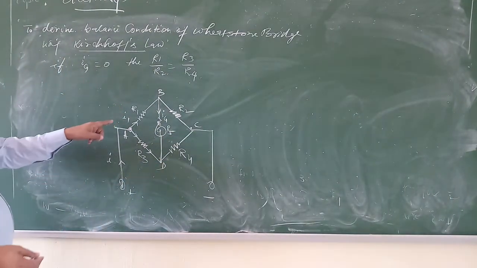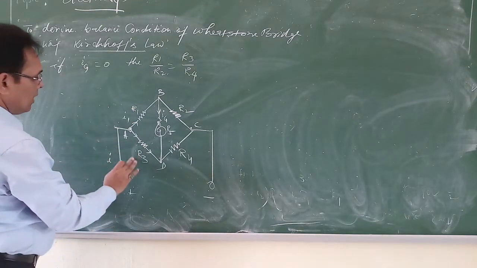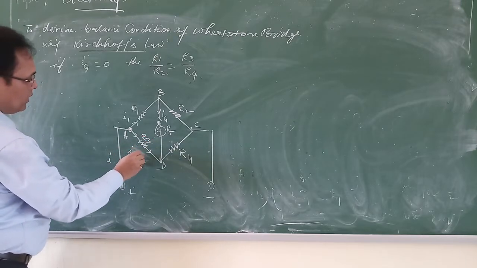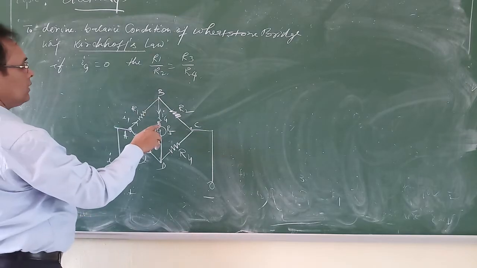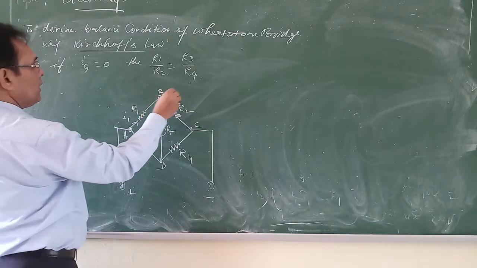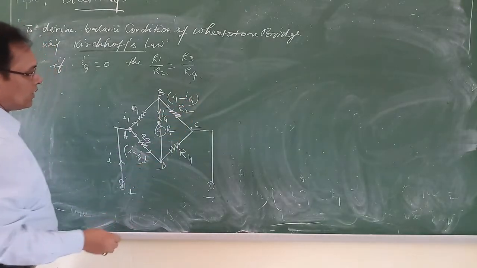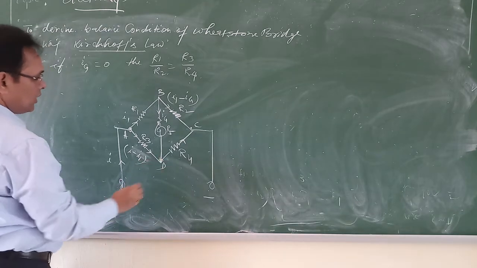Mark the current. I1 current passing across R1, so the remaining current, this is R3, so the remaining current I minus I1 will flow through this direction. Let IG current be in this direction, so the remaining current I1 minus IG will flow in this direction. Now here IG current comes to this junction.